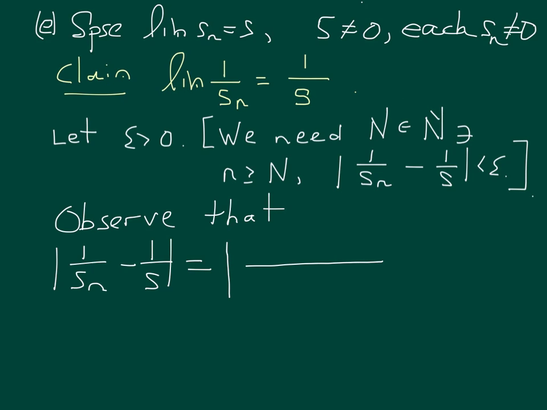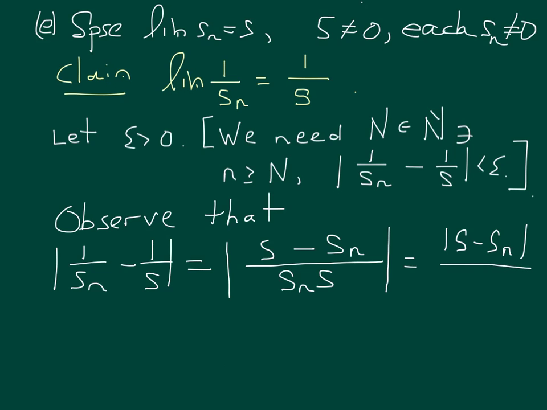We can find a common denominator, which would be the product S sub n times S, and in the numerator we would then get S from the left and S sub n from the right. This we can rewrite as, remember, absolute values distribute nicely through products and quotients.